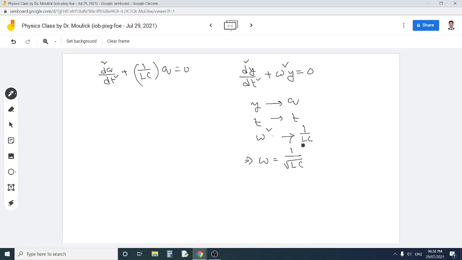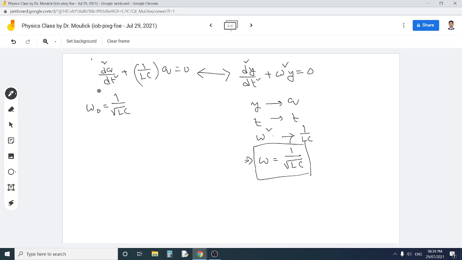So whenever we have L and C connected across it, the circuit oscillates at its natural frequency omega naught, and that omega naught is given by 1 upon square root of LC. So this equation has a direct link, or is very similar in nature, to the differential equation of simple harmonic motion.